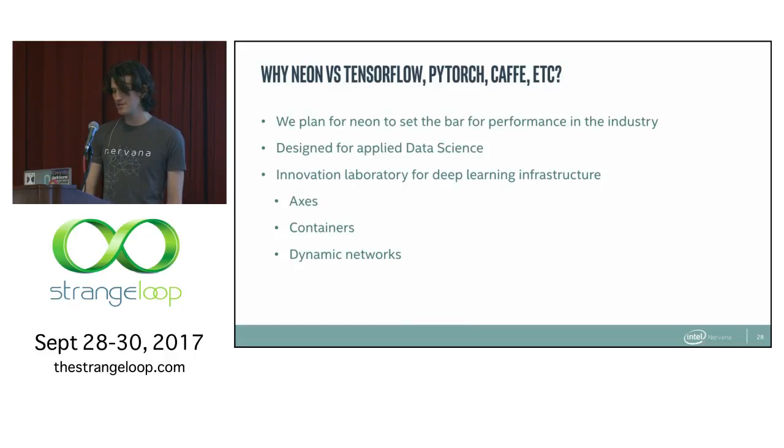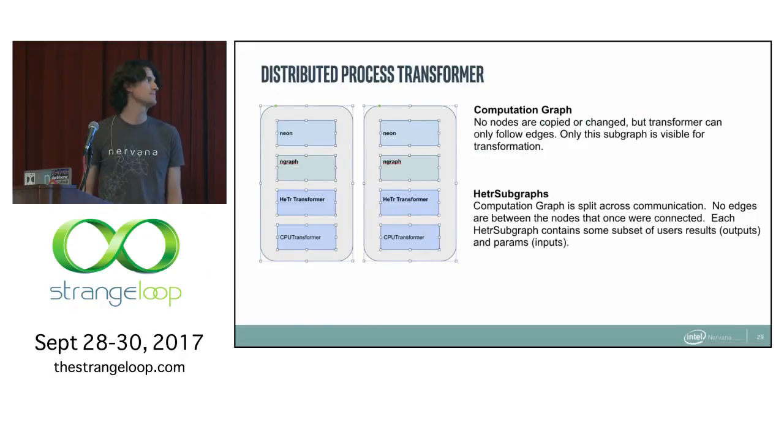Another thing that we can do at the backend level is start to think about distributed processes. So we have a distributed process transformer, which is called Heter. And the Heter transformer works by taking a computational graph, inspecting it and following the edges.